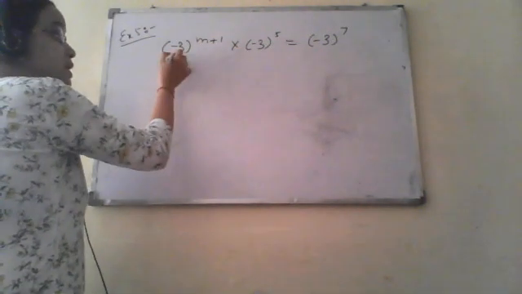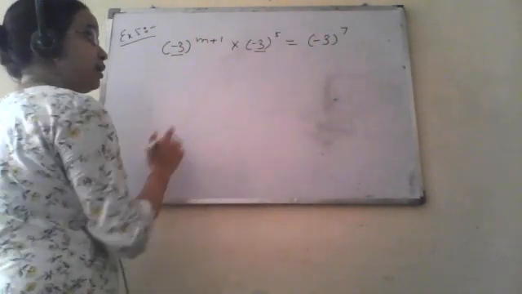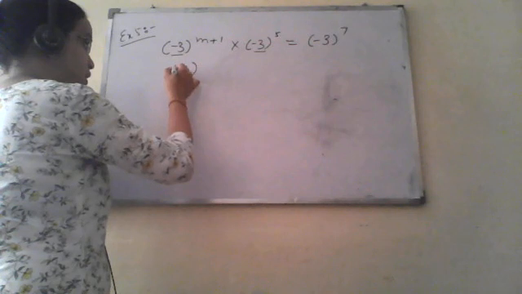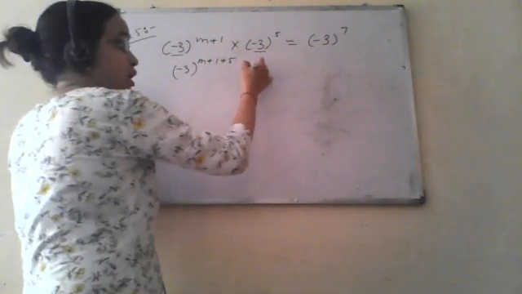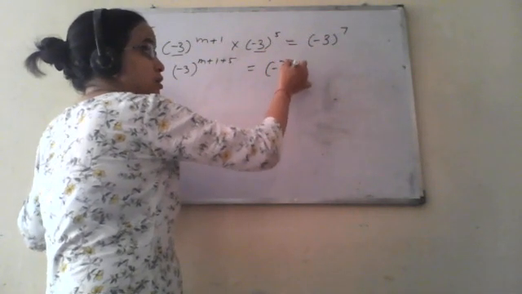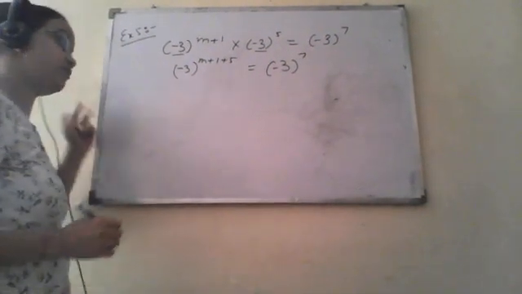Now the bases are same, so their powers will get added up. It will be minus 3 to the power m plus 1 plus 5, and it is equal to minus 3 to the power 7. Clear?